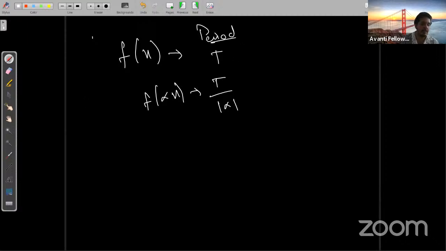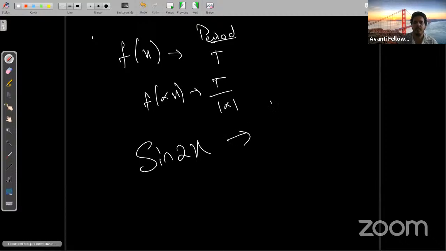Just give me 1 minute to try. In the meantime, try to find the value of period of sin 2x. Come on, tell me what is the period?